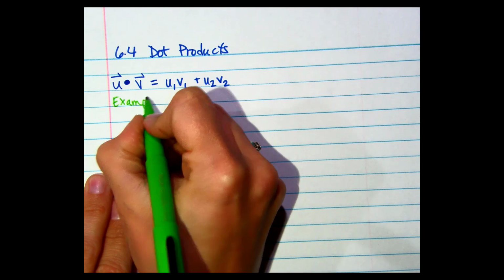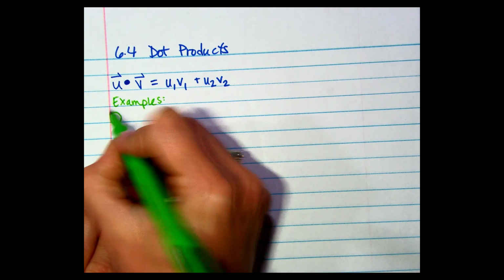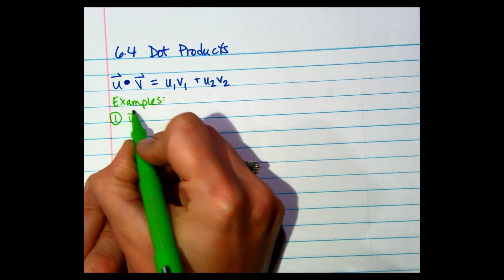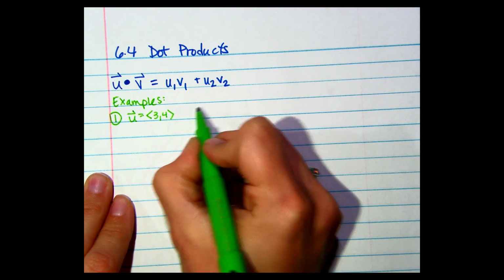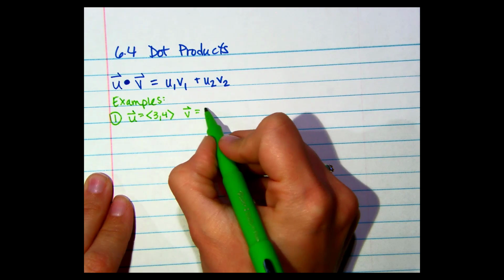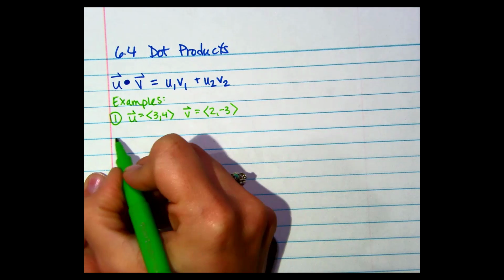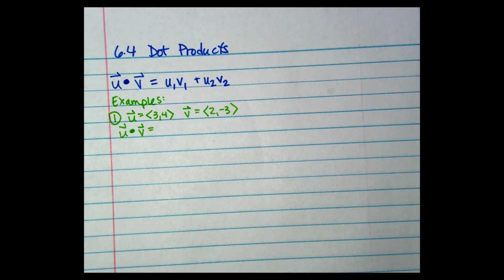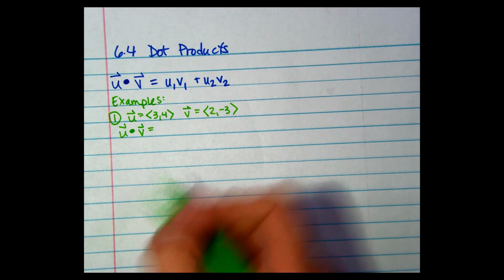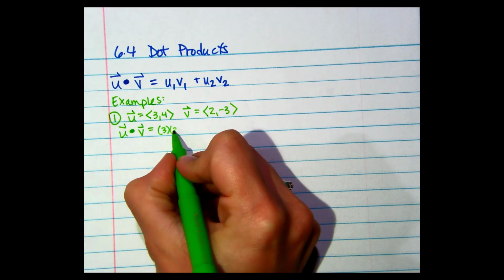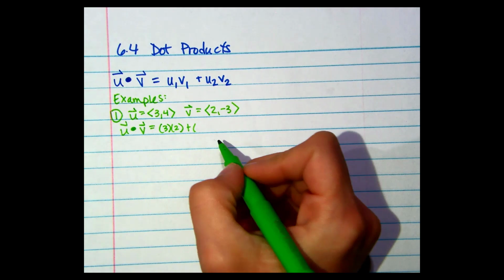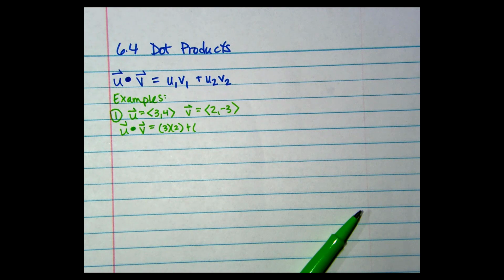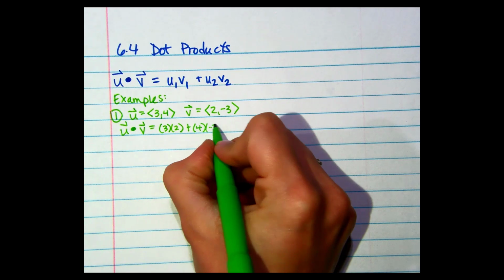So, some examples of a dot product. Let's say that U terminates at (3, 4), and V terminates at (2, -3), and we're going to do U dot V. So I multiply the first components, 3 times 2, and then I add to it the product of the second components, 4 times -3.